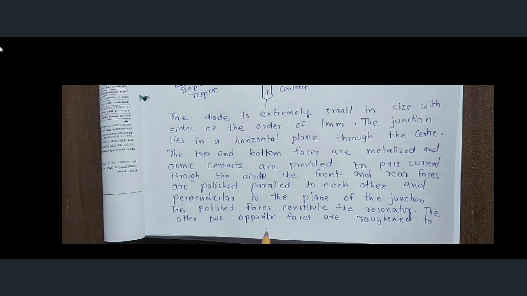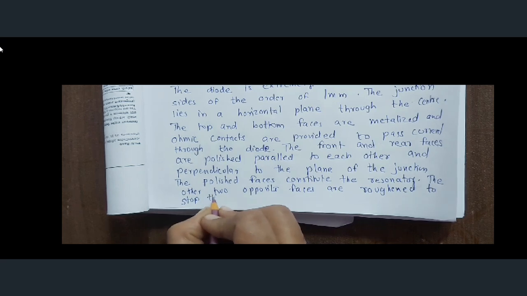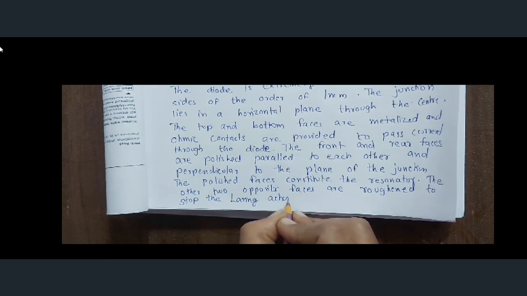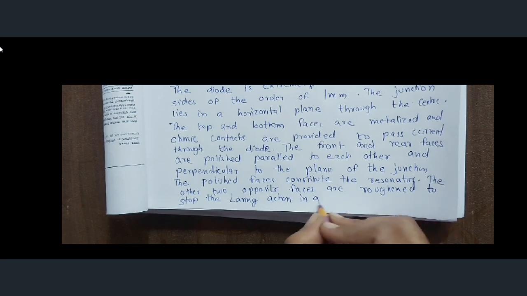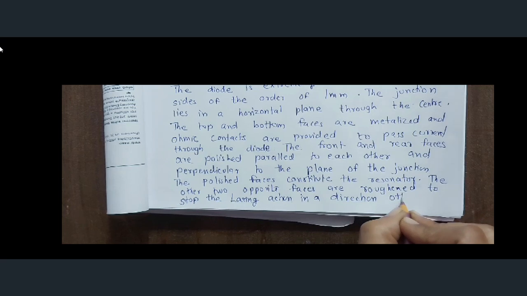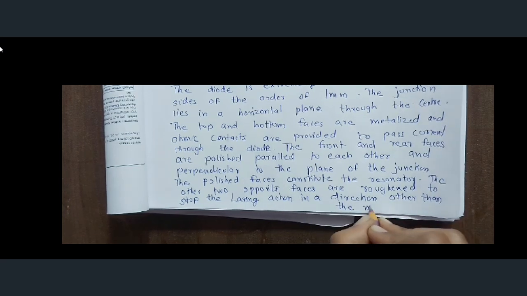The two faces are roughened to stop the lasing action in a direction other than the main direction.